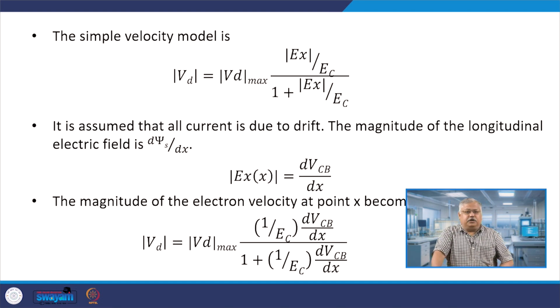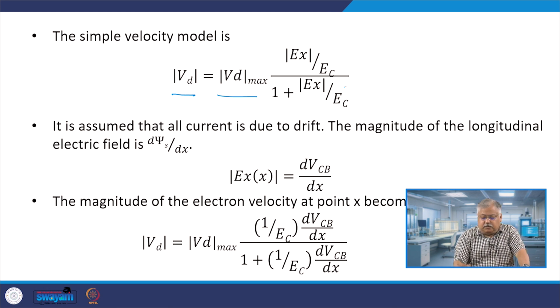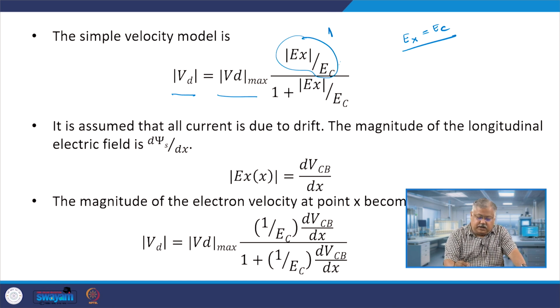The simple velocity model is applicable for the electric field, and you can write down here that the actual value of Vd is Vd max times Ex by Ec upon 1 plus Ex by Ec. Quite interestingly, when Ex becomes equal to Ec, then this value will be approximately equal to 1, so you will have Vd equal to Vd max by 2.